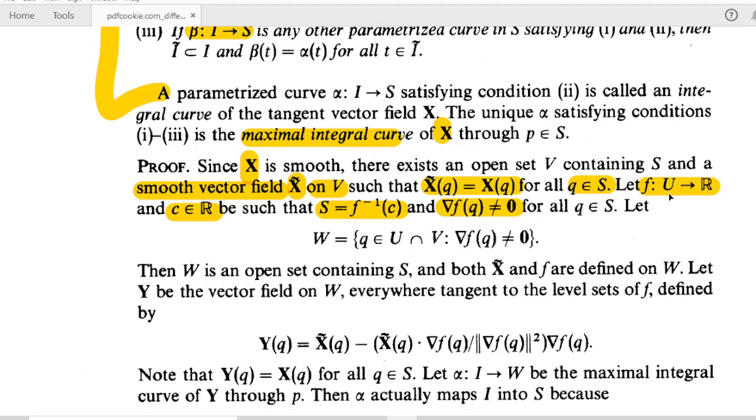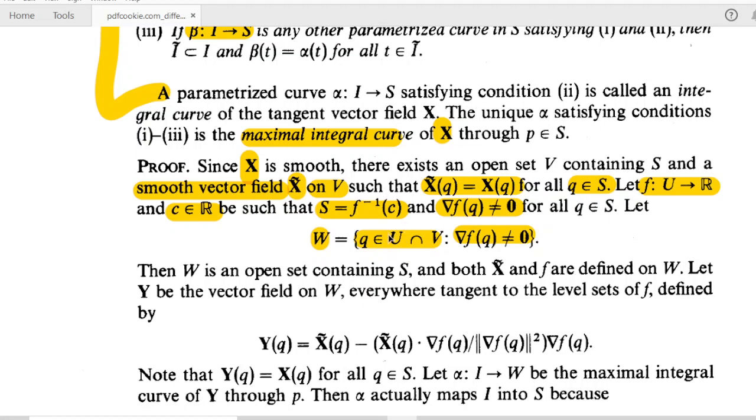Now we are going to consider a set W equal to the set of all Q belonging to U intersection V such that nabla F of Q not equal to 0. So that means W is equal to U intersection V. What is U?